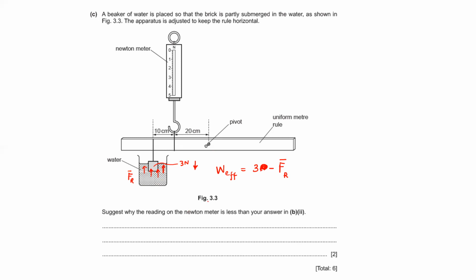So the good way to write it is: why is the reading on the Newton meter less?